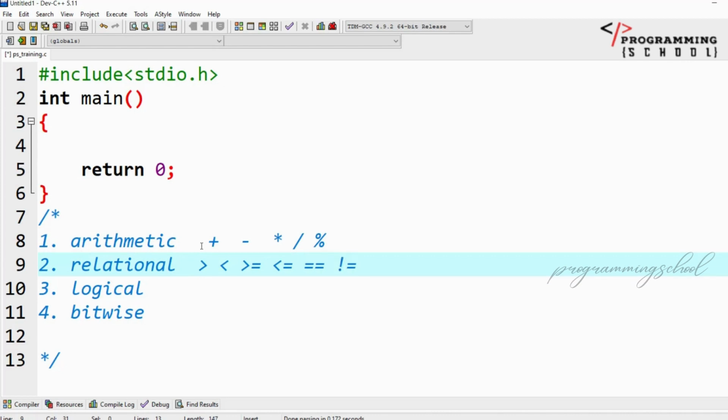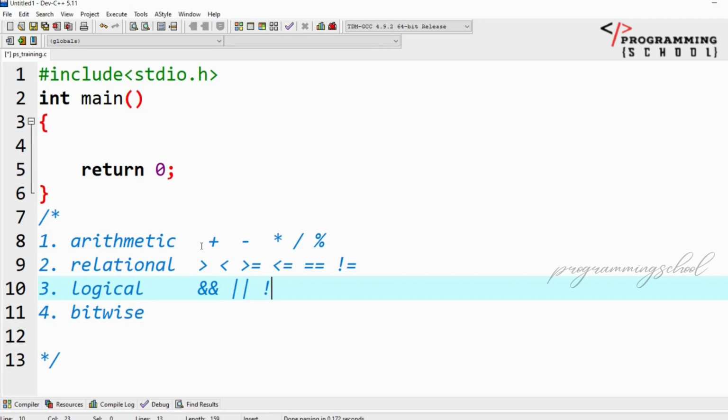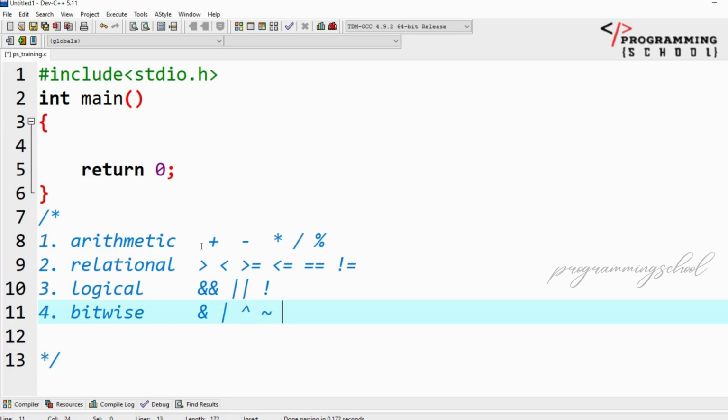Coming to the logical operators, there are three: logical and, logical or, and logical not. Coming to the bitwise operators: bitwise and, bitwise or, bitwise XOR, bitwise not, right shift operator, and left shift operator.